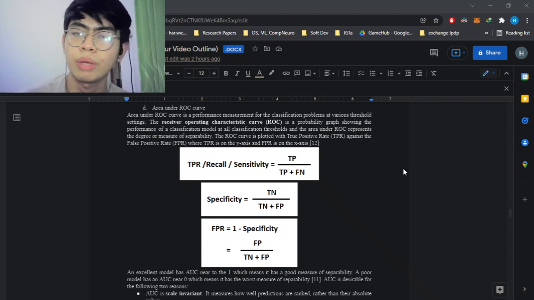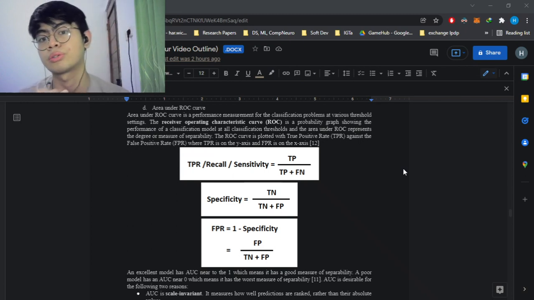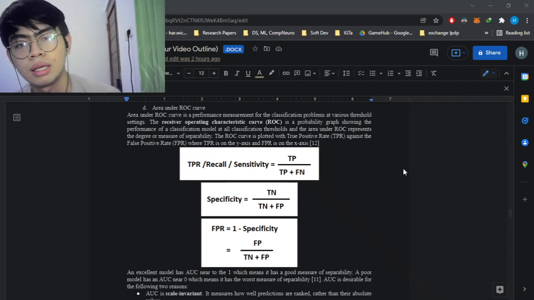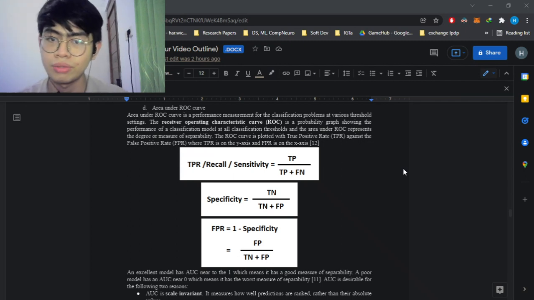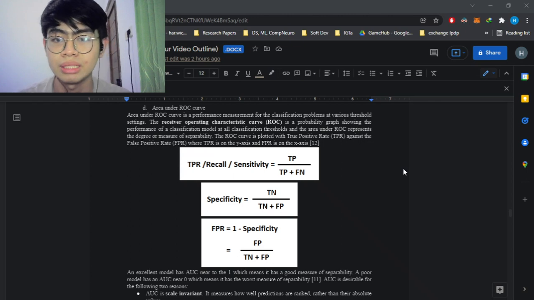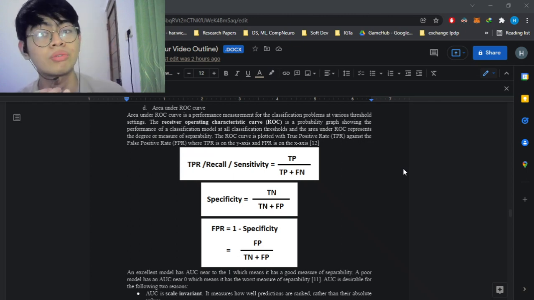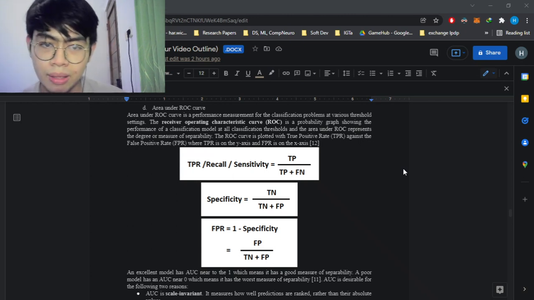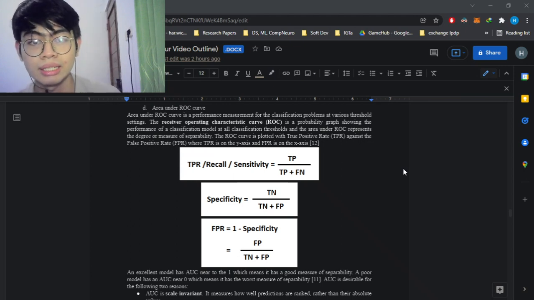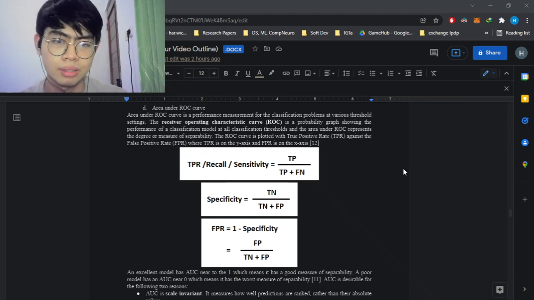Something we have to know is that the ROC curve is plotted with the true positive rate against the false positive rate, where the true positive rate is on the y-axis and the false positive rate is on the x-axis.